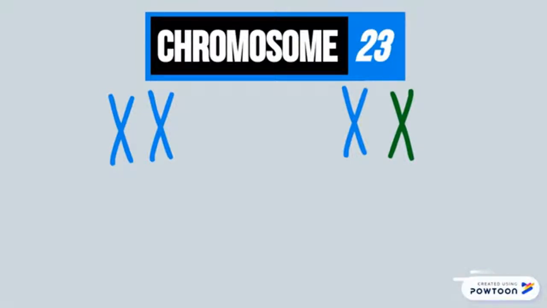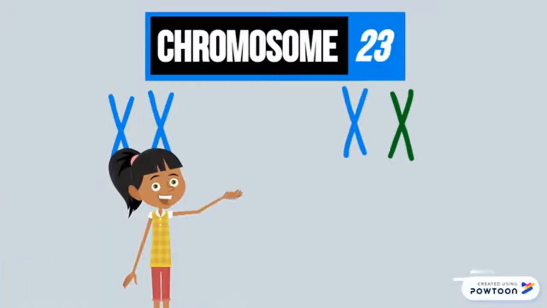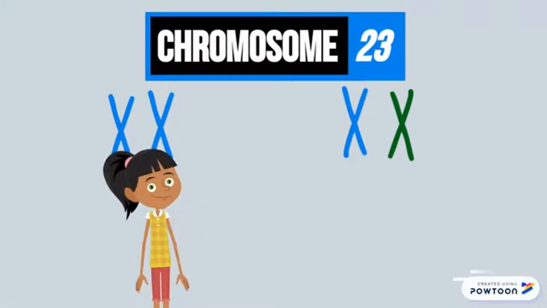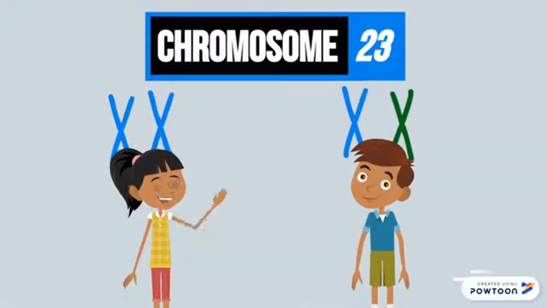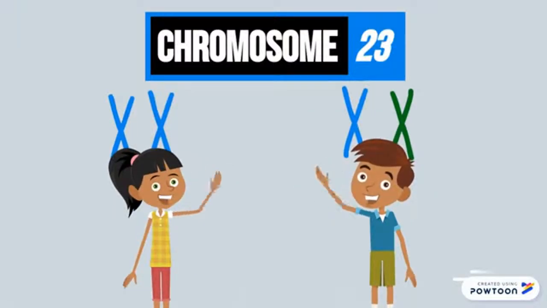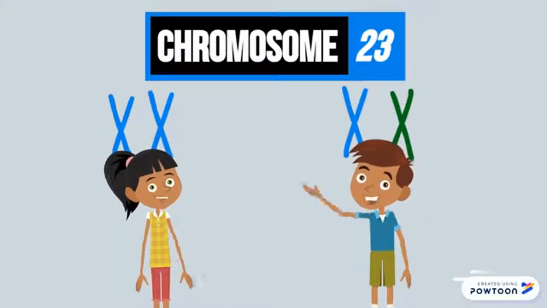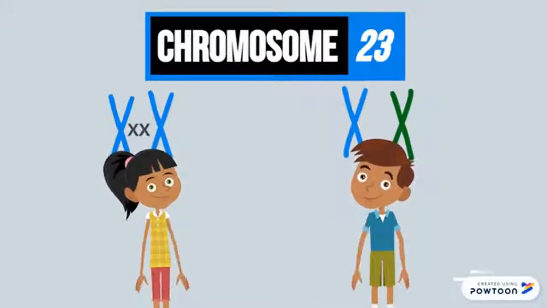A girl inherits 2 X chromosomes, one from her mother and one from her father. A boy inherits 2 chromosomes as well, except one of them is an X chromosome from his mother, and the small Y chromosome is from his father. So for a woman, it's XX, and for a man, it's XY.